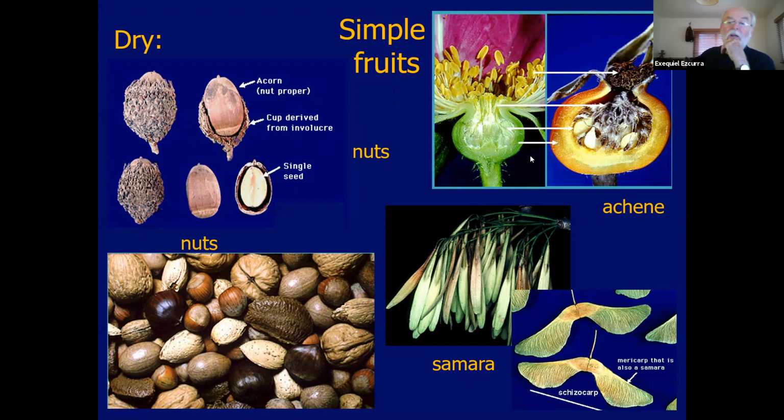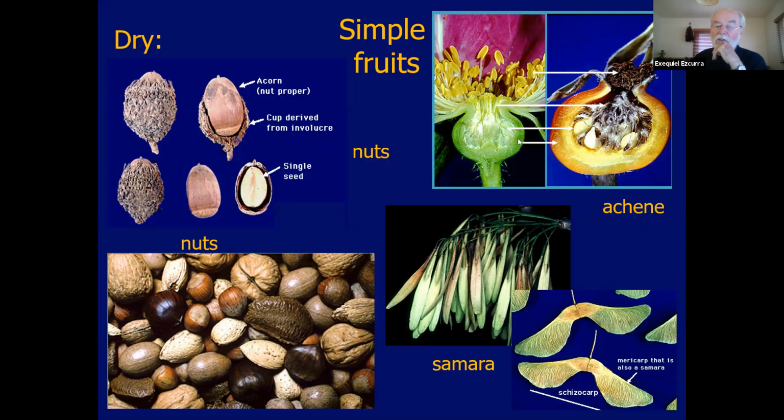I showed you in the previous image the achenes of the sunflower family, in particular the achenes of sunflowers. But in the rose family, the Rosaceae, there are some species that produce achenes, small microscopic nuts. And one of them in particular is the genus Rosa, the roses themselves, that have this fruit.